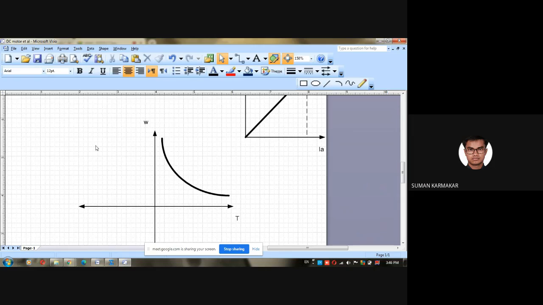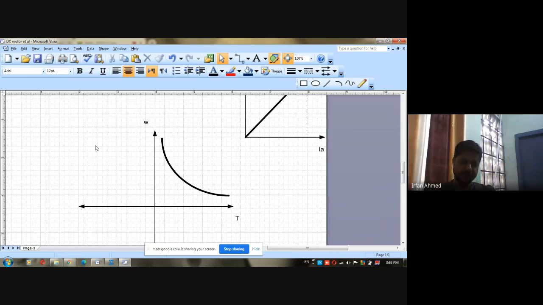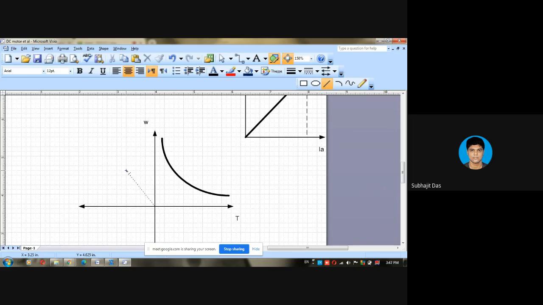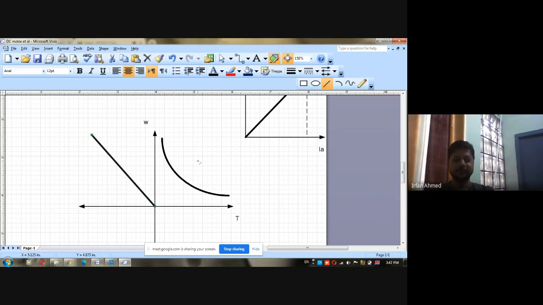So it will be same as separately excited DC. Yes, correct. It will be the speed torque characteristics, y equal to minus mx plus c, of a separately excited or DC shunt motor.